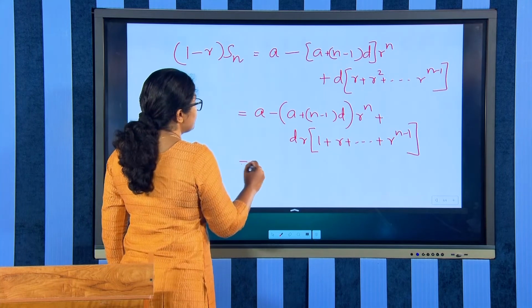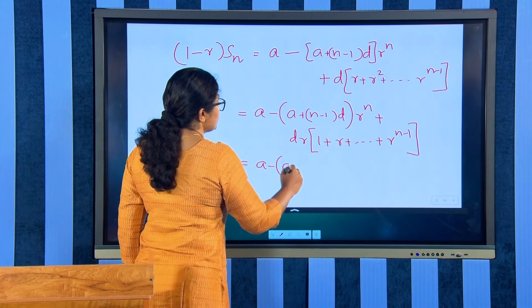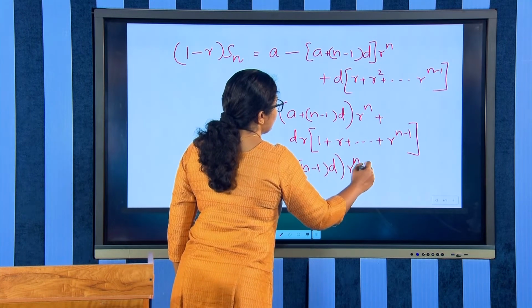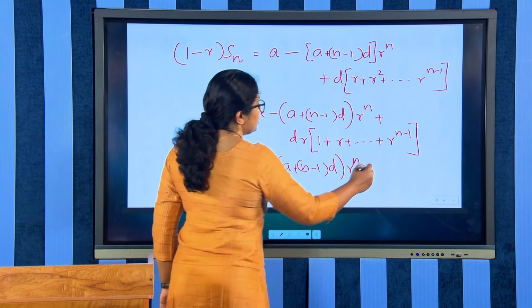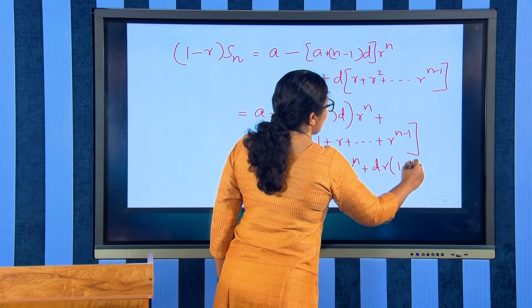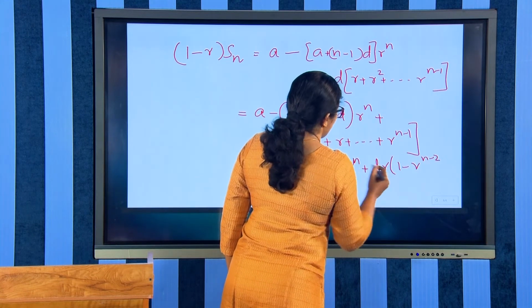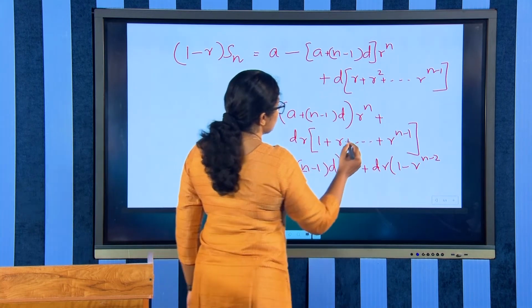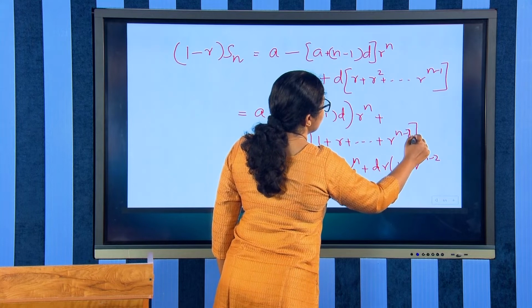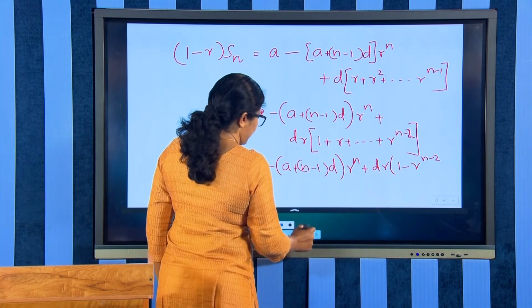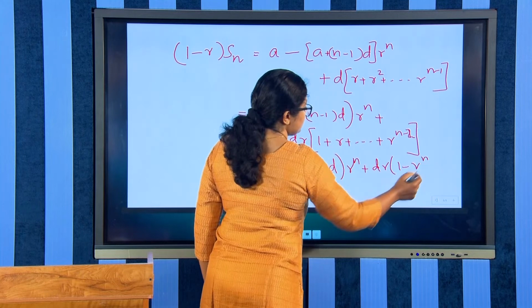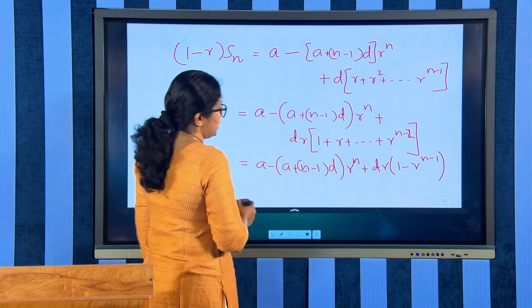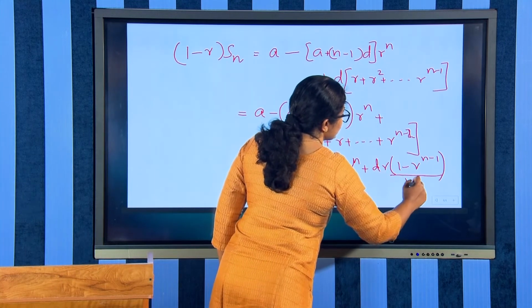Which on simplification gives you A minus (A plus (n minus 1) times D) R power n plus DR into (1 minus R power n minus 1), sorry, this is actually n minus 2, because we are taking n minus 1 terms. So you are getting an expression like this upon 1 minus R.